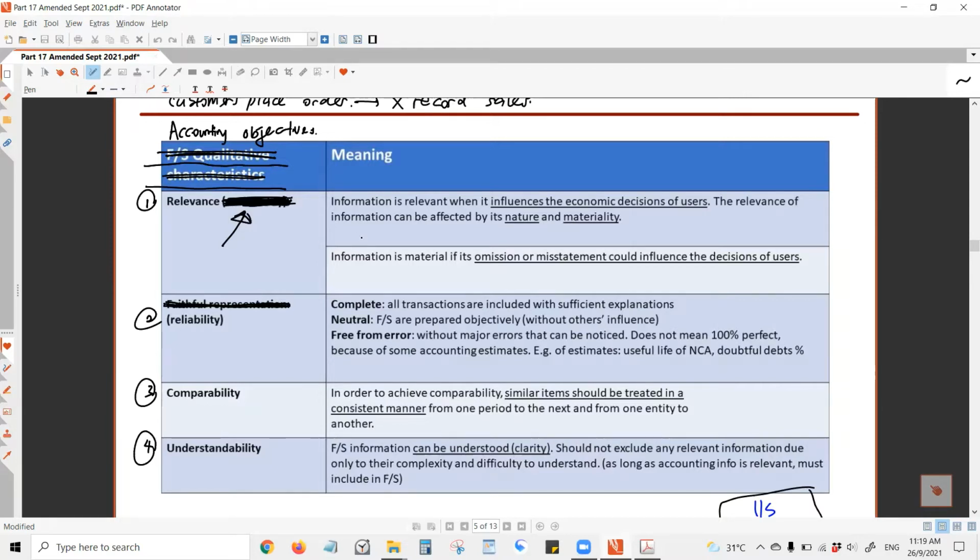To be honest with you, these four terms, if you study accounting in the future, you would see a lot more explanation. But for IGCSE, there are not many, because they are just touching these four terms, explaining to you on a surface level. They don't go deep into details, telling you what they exactly mean, or how they link to accounting. So I try my best to explain to you.